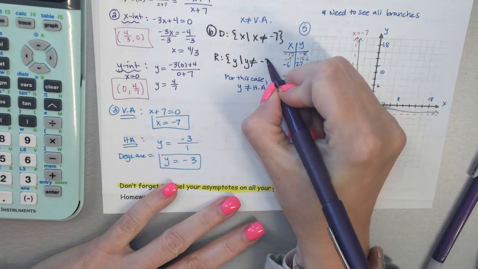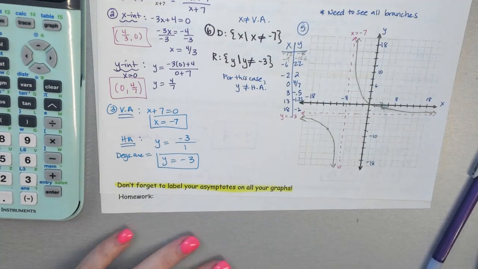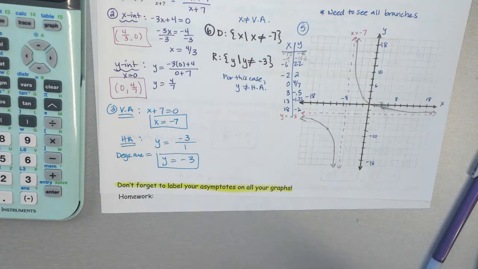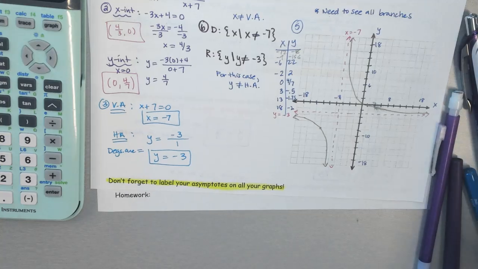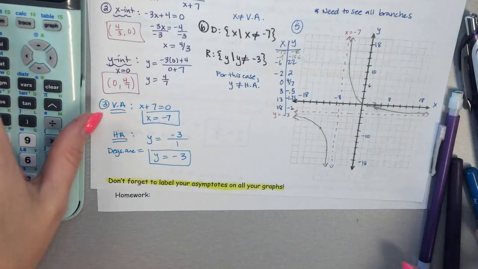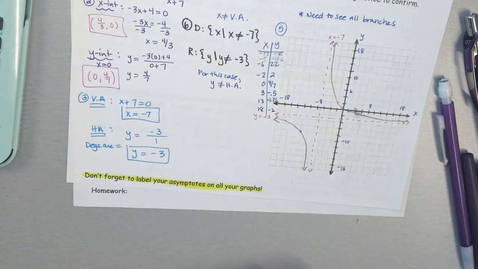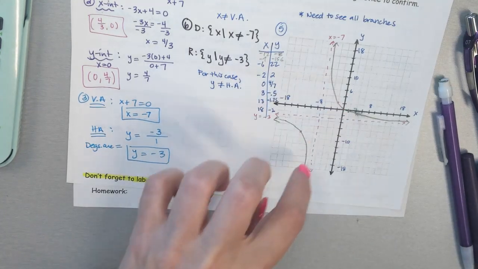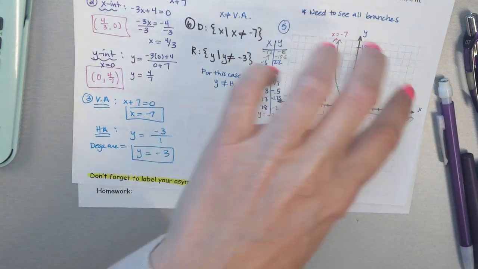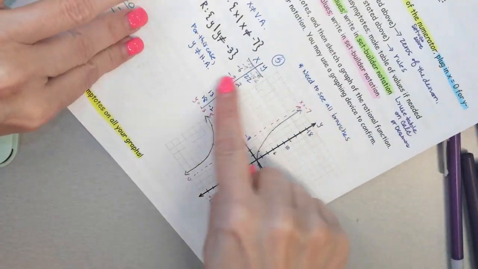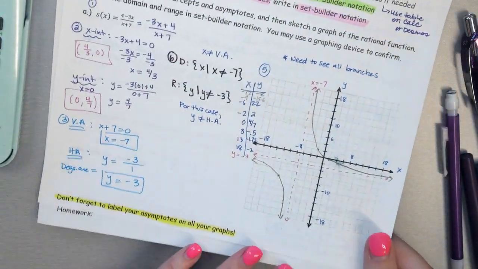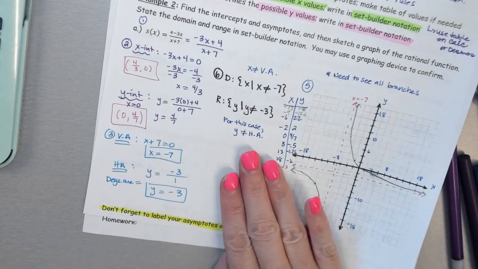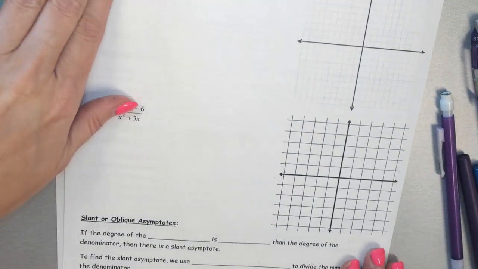In this case, it's getting really, really close to -3, the asymptote, in both directions, but it is not crossing it, so it cannot be that value. And we're going to be able to determine the different cases by looking at these different graphs. I call this one the baseball seams, so it looks like baseball seams from here. If you were to draw your baseball in there. Y cannot be the horizontal.